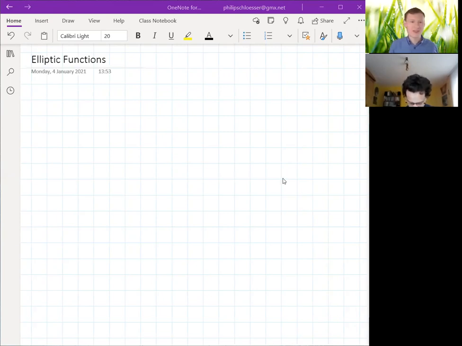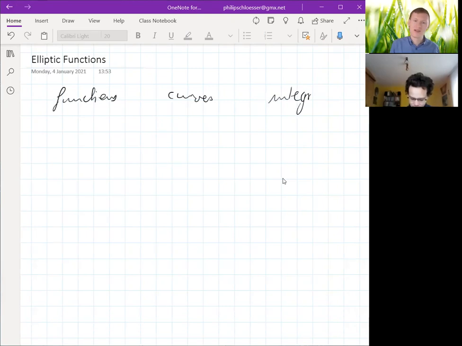And today in particular, we're going to have a look at elliptic functions, elliptic curves, and elliptic integrals. And we're going to have a look at the connections between them, as well as the reason why any one of them would even be called elliptic.